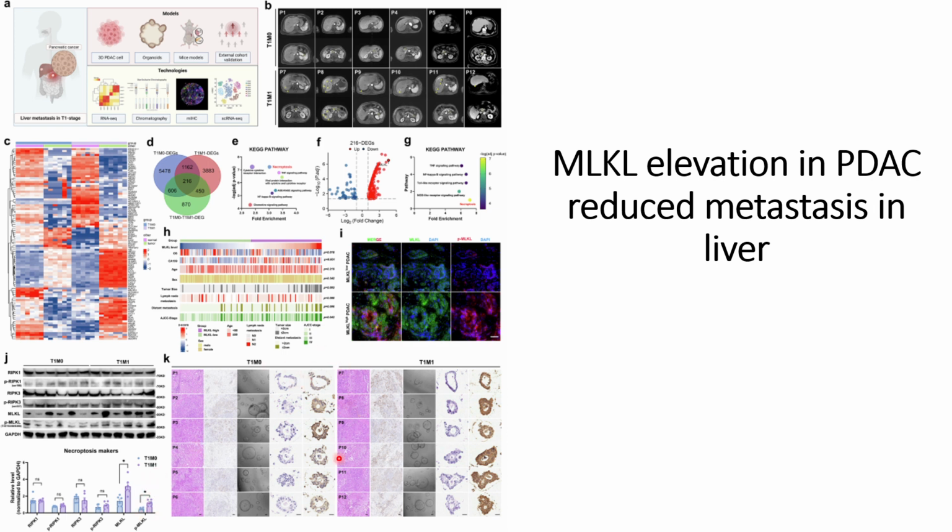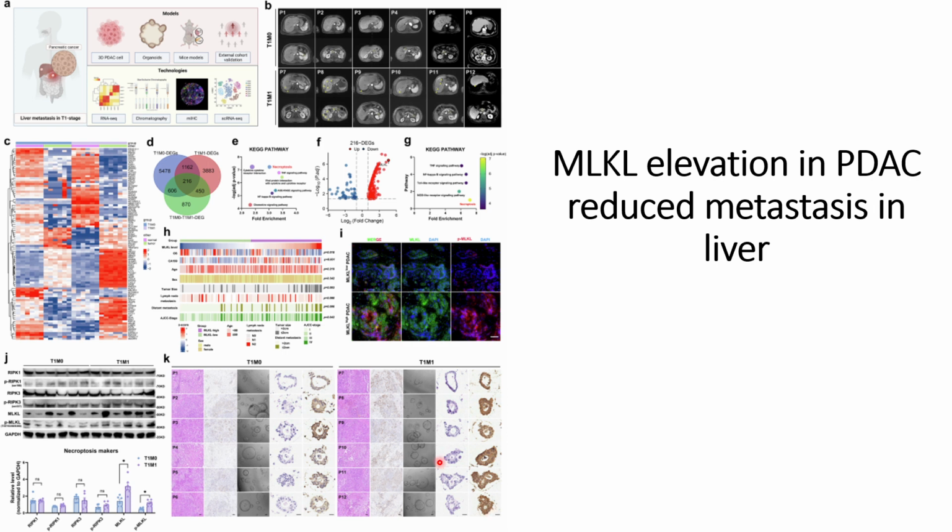However, the result from the immunostaining shows that when MLKL is upregulated, they can see a reduction in these tumors, both in the case of T1M0 and also in the case of T1M1.